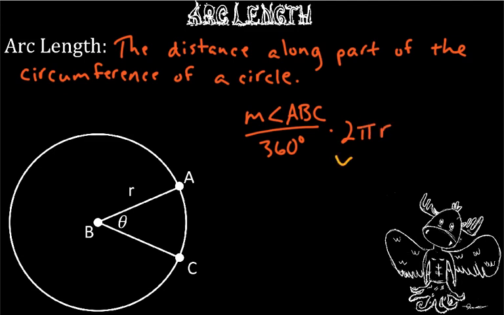And so this right here, that is the circumference. The other part of the equation, the measure of angle ABC divided by 360, tells you how much of the circumference we're talking about, how much of the circle.